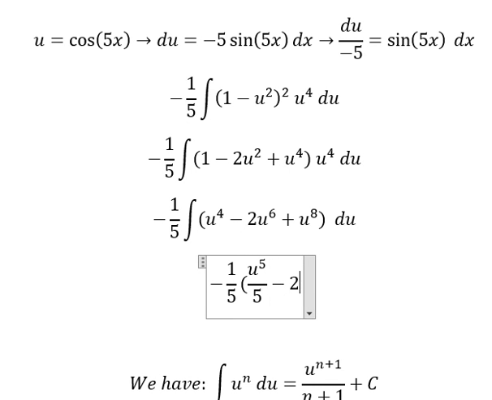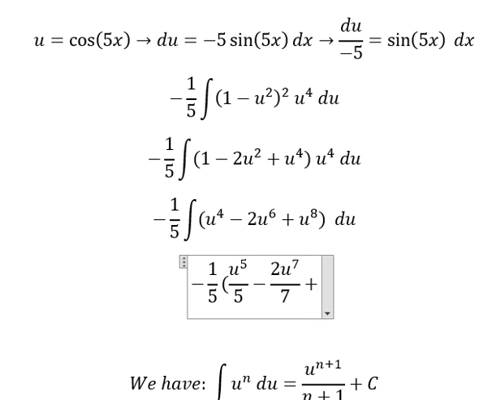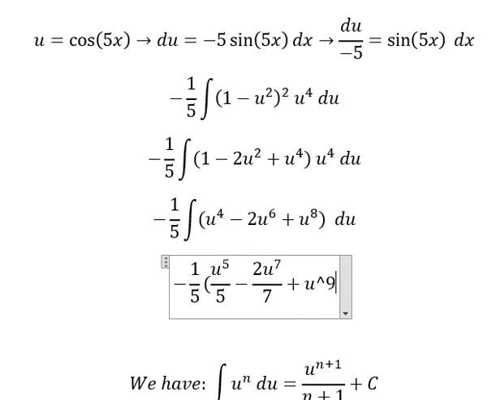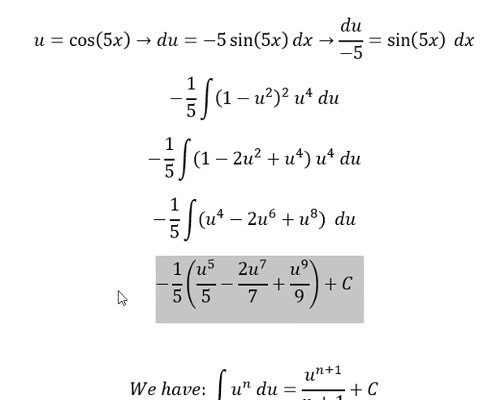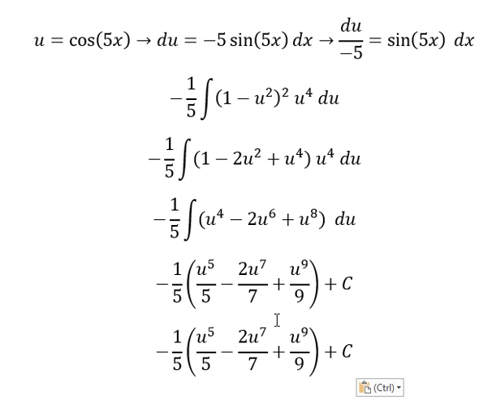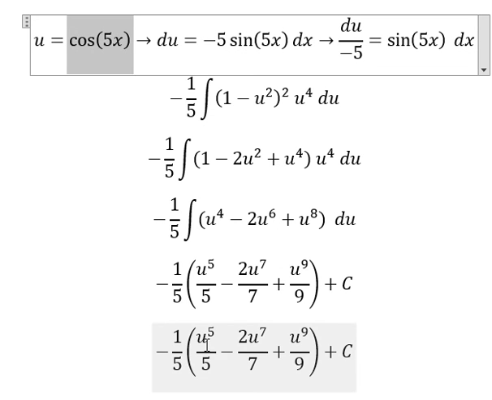The next one is about 7, and the next one is about 9. About u, that is cosine 5x.